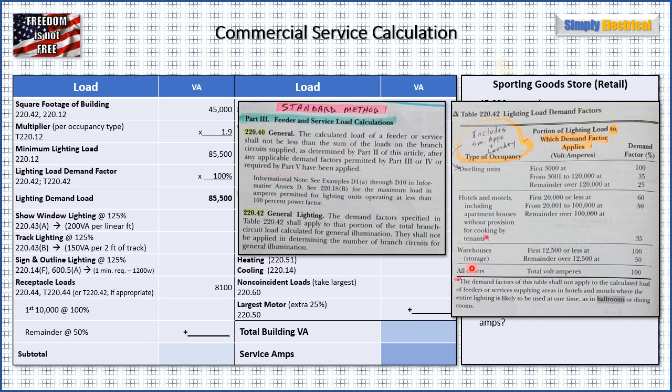So we fall under the all others category. And what it tells us for a retail store is 100%. So we really get no demand factor at all. So over here in our table, we just write 100% here. So 85,500 VA is 85,500 VA. So we get no demand break for a retail store. Lighting demand load is 85,500 VA.